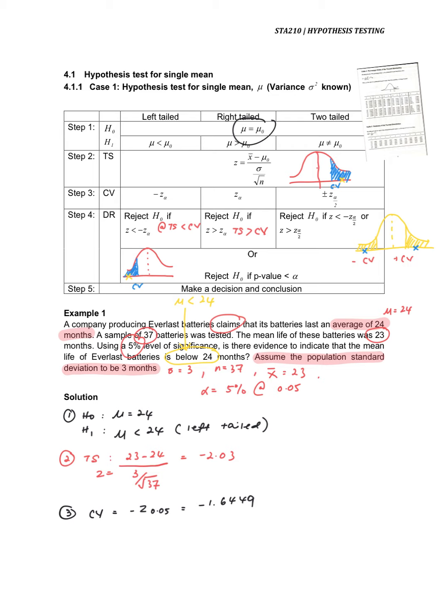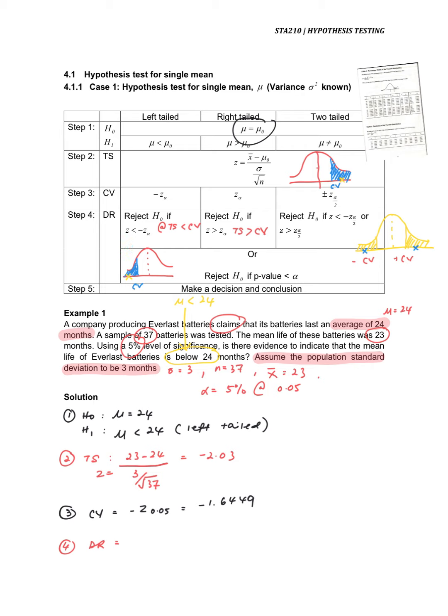Okay, so next, step number 4, we want to write what is our decision rule. Okay, so our decision rule, if we look at the scheme that I have right here, we will reject H0 if Z less than negative Z alpha.